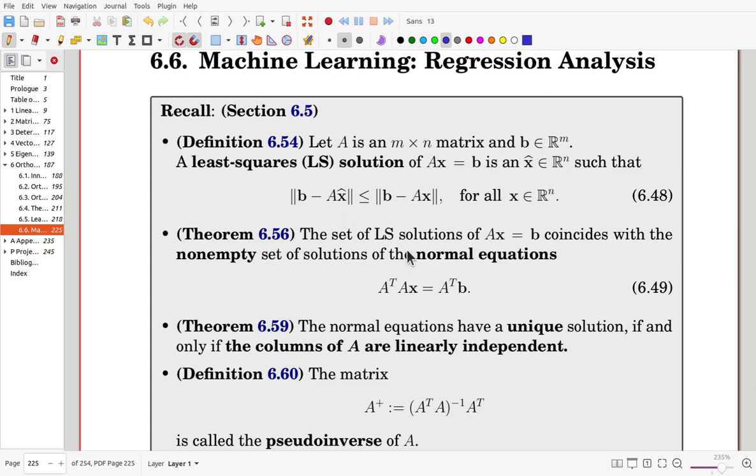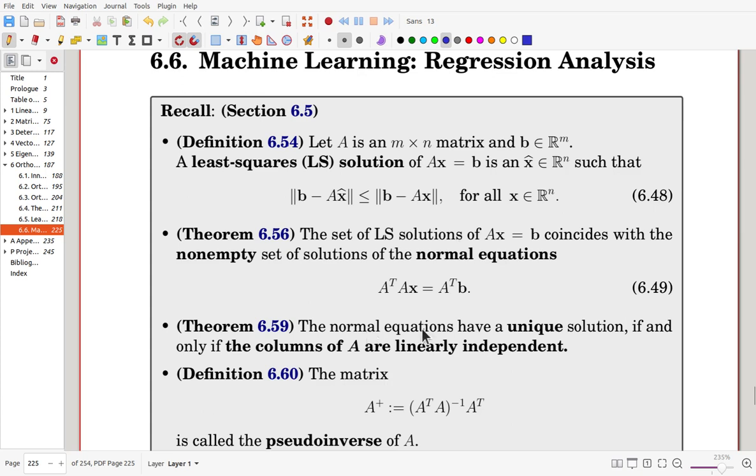The set of least squares solutions of the linear system coincides with the non-empty set of solutions of the normal equations. So to solve the least squares problem, we may use the method of normal equations.